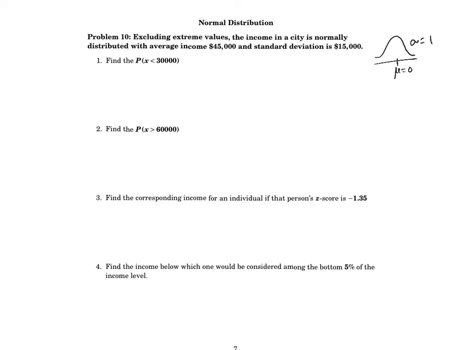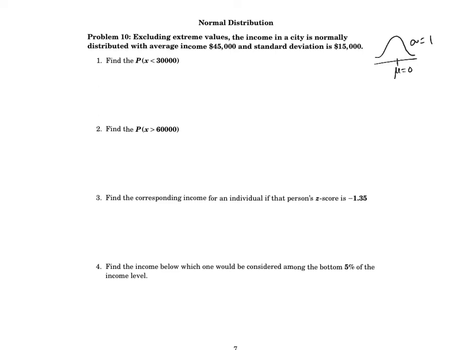To find the probability associated with any normal distribution, we need to convert it into a standard normal distribution and look it up in the standard normal distribution table. How do I go from any normal distribution to standard normal distribution? We use the z-scores formula, or z formula.